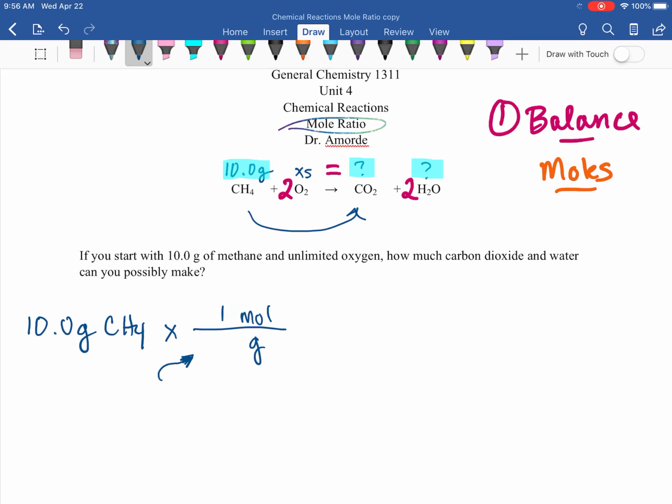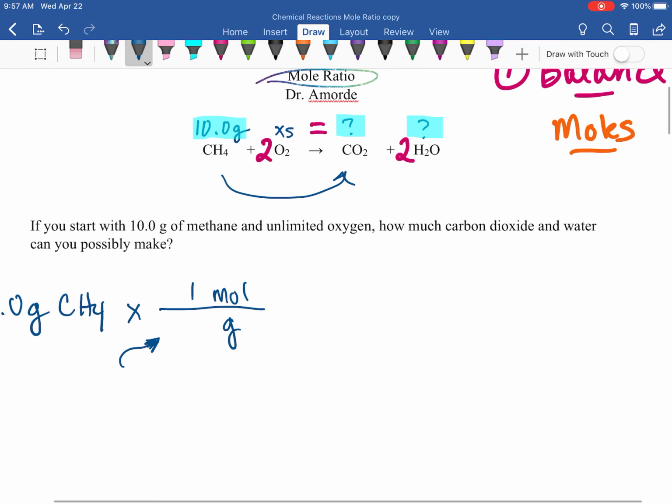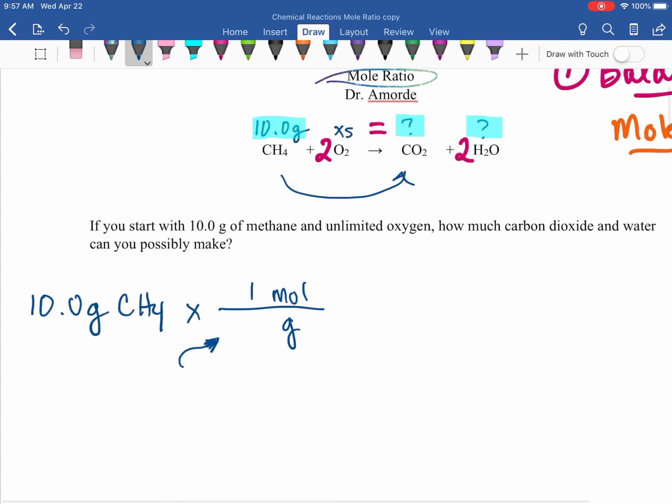All right, so we've got 1 mole for every... What number do we put in down here? Well, we're going to put in what we learned in some previous videos. We need to put in that molecular formula. So that's going to be CH4, so 12.011 plus 4 times 1.0079.